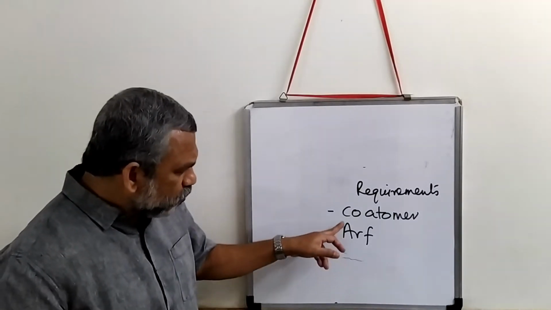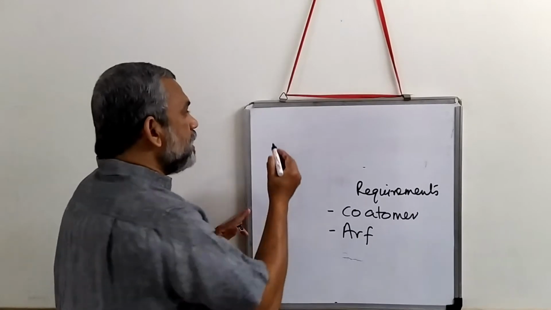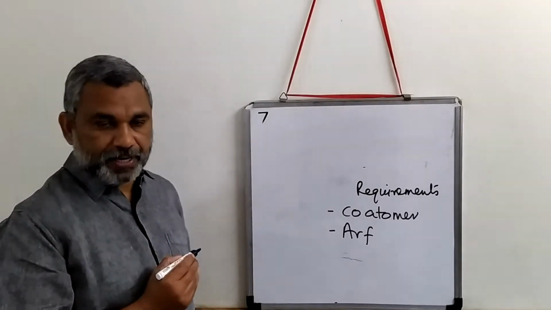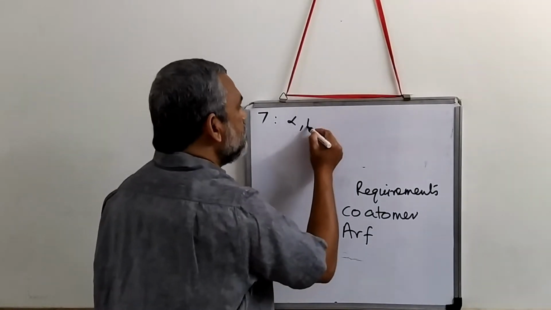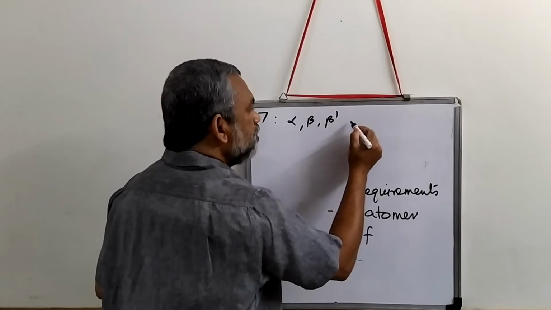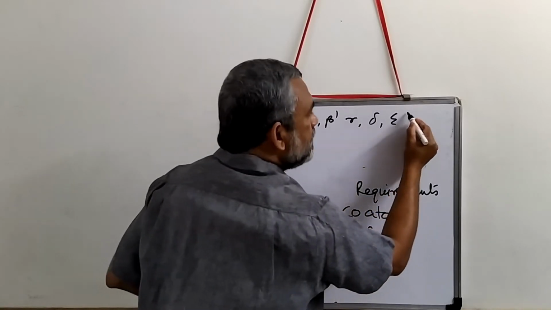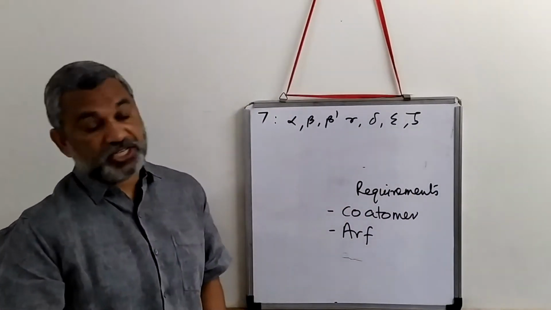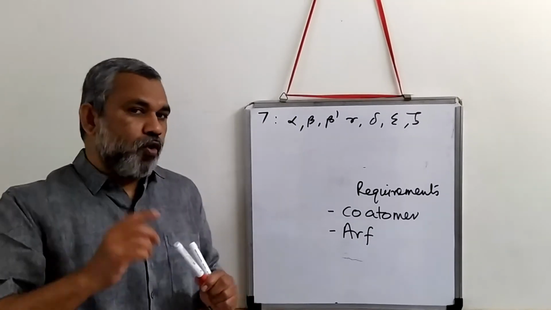So first of all, let us look at the coatomer. Coatomer is made up of 7 polypeptides: there is an alpha chain, beta, beta prime, gamma, delta, epsilon, and then there is a zeta chain. So these are the 7 chains. Out of these 7 chains, it forms 2 complexes.